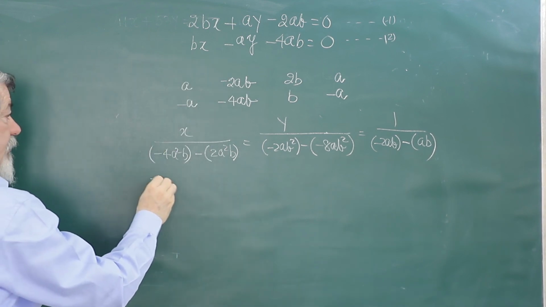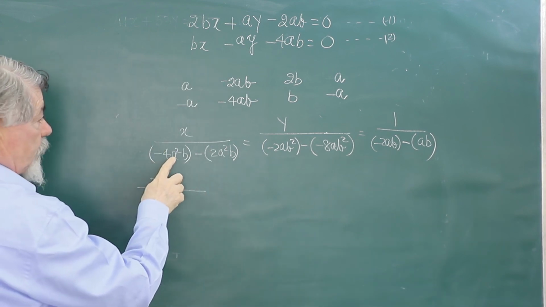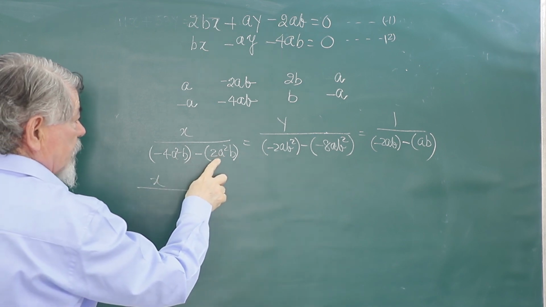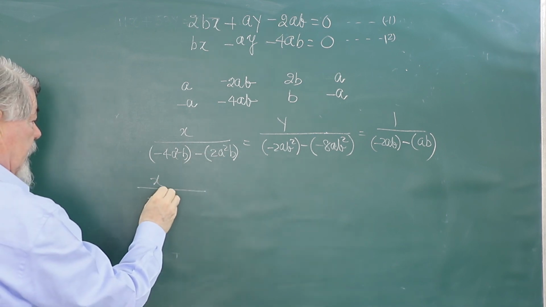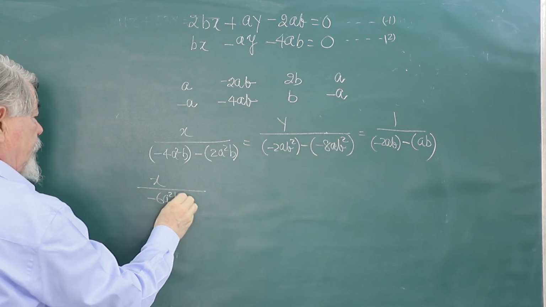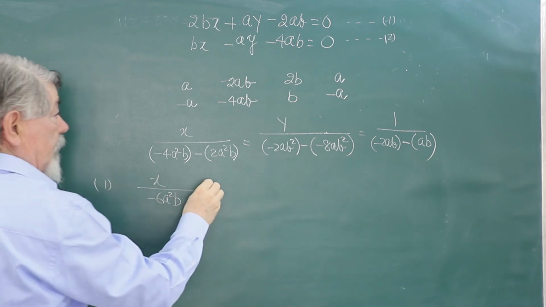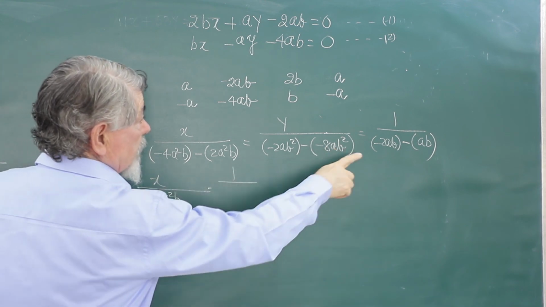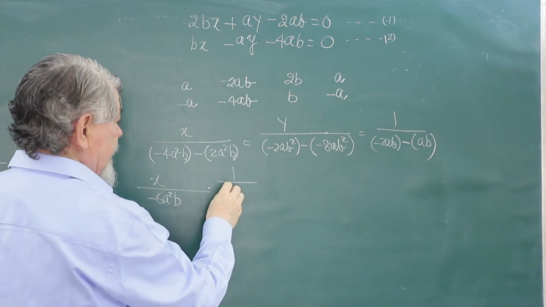It becomes x upon minus 4a square b minus 2a square b, which means minus 6a square b, will be equal to 1 upon, this is minus 3ab.